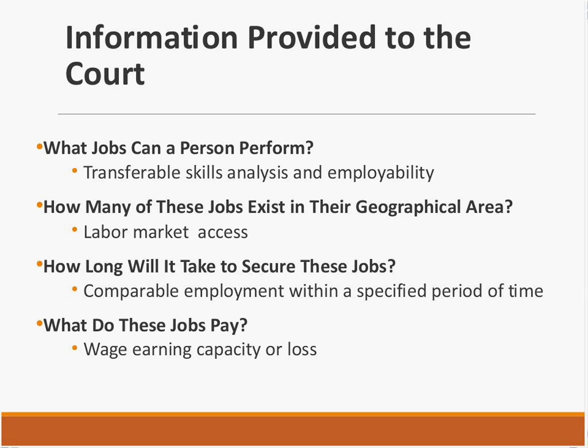And the labor market survey is nothing more complicated than going out to some websites such as Monster.com or Indeed.com that have job listings. And in these websites, you can make inquiries based upon just two factors. First factor might be the job title that you've just identified, and the second factor might be the geographical area that the person has access to, depending upon where they live.